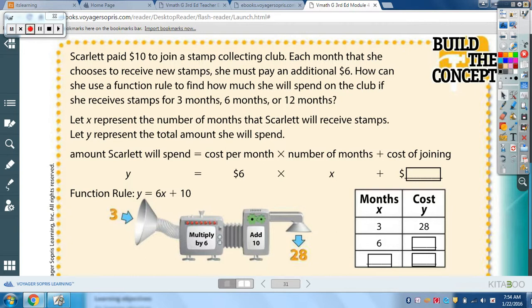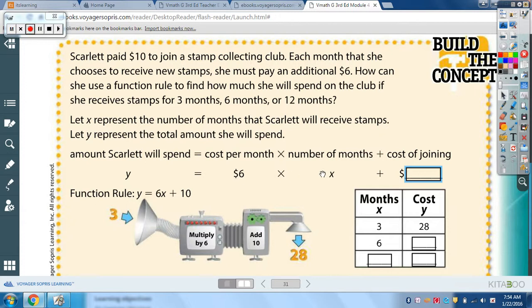So now we're going to input. If we input 3 for X, if we purchase stamps for 3 months, what will we have? Well, we put 3 in for X. We have $6 because she's buying stamps.